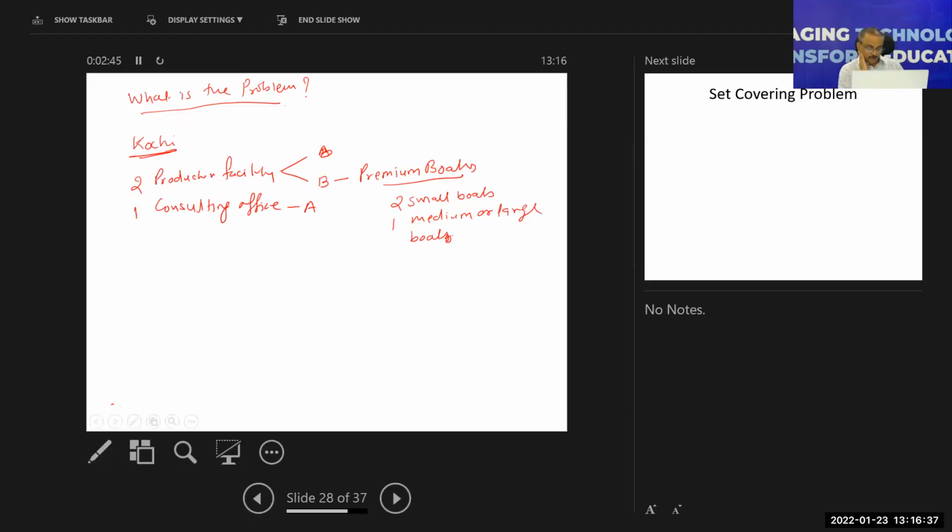Okay, so the problem here is that there is a lot of movement between all these facilities, because they have a consulting office at A, and two manufacturing facilities, and then the rent has increased. So if you look at page number 3, the manager has to take the clients to facilities B and C to view the boats.